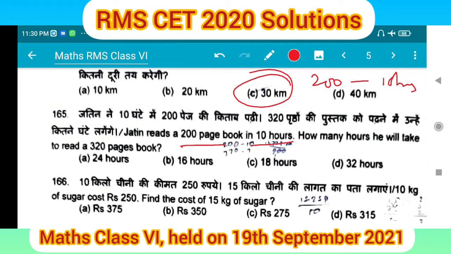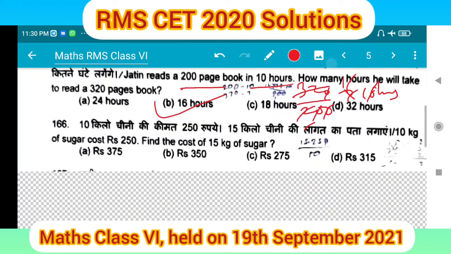How many hours will he take to read 320? More pages, more time, so 320 upon 200 into 10 hours. This is more by less. The 0 gets cancelled, and this 0 gets cancelled. 2 ones are 2, 2 eights are 16, so 16 hours is the correct answer.